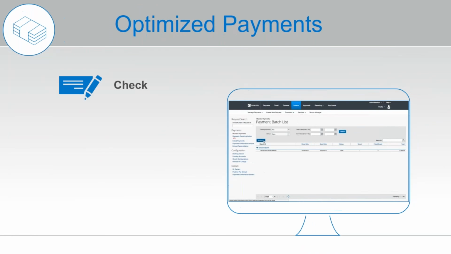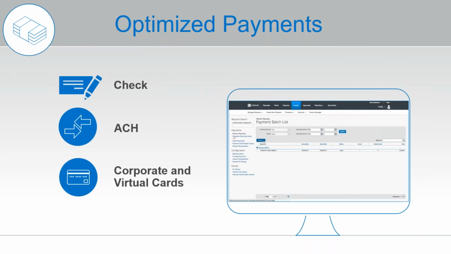And then from approval, then how we pay, as I mentioned, we can cover check, ACH, corporate and virtual card payments, which a lot of times we can find some rebates and incentives to give back and really prove the ROI of Concur as well. ACH for free, and then checks.